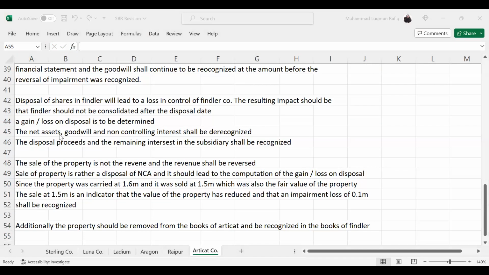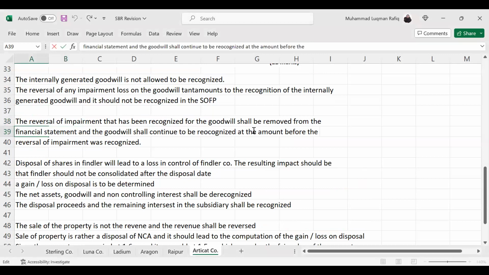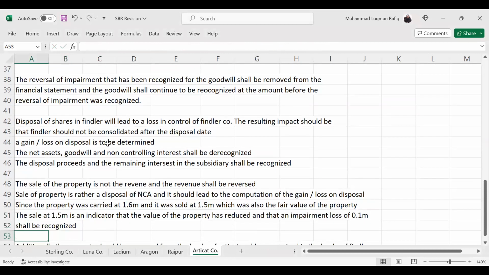I'm not saying continue to recognize. I'm saying continue to be recognized at the amount before the reversal of impairment was recognized. I'm not saying that it should be recognized at the original amount.